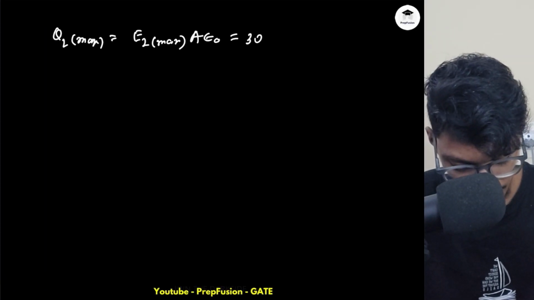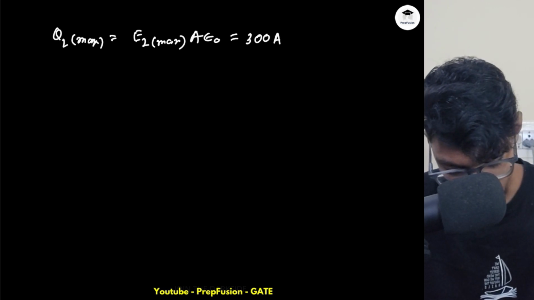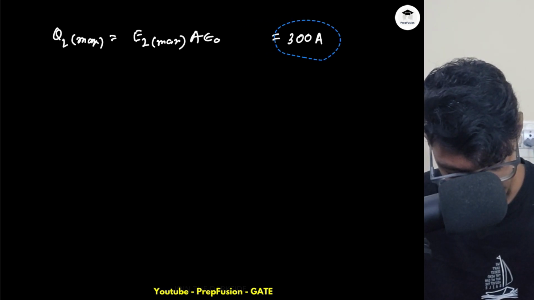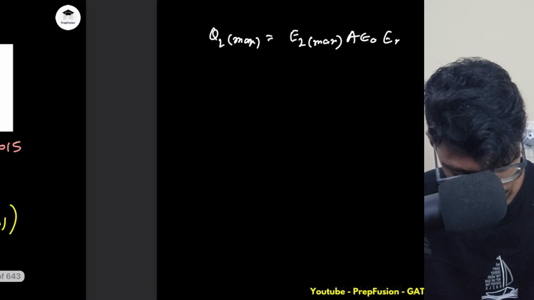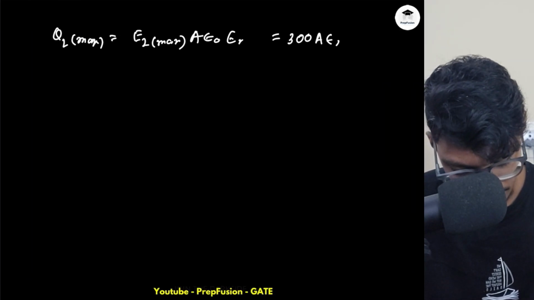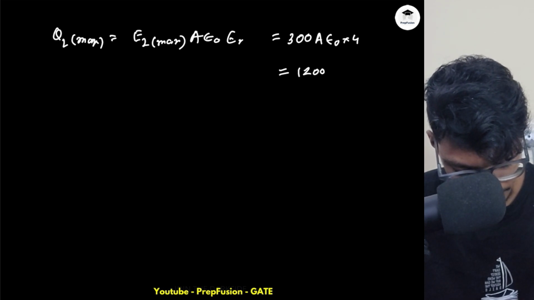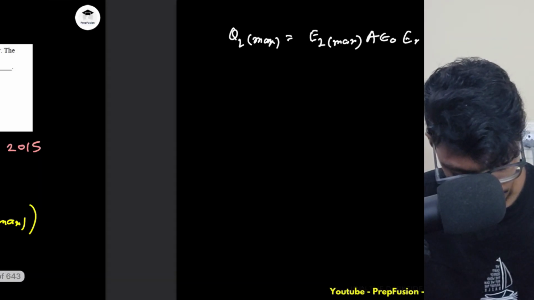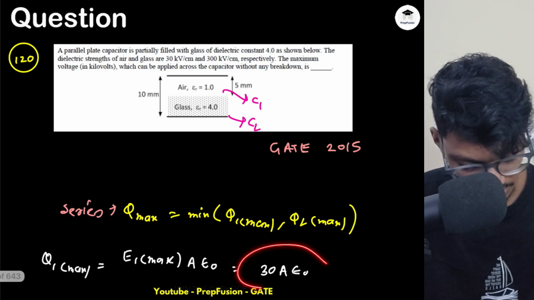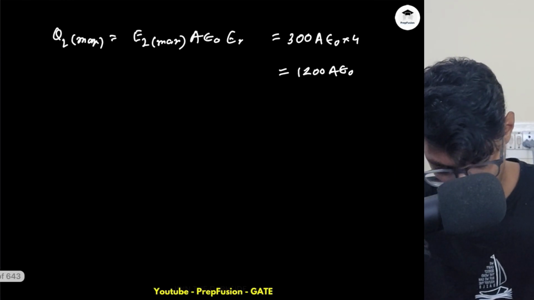So it will be 300 kilovolt into A. Now obviously, sorry, I forgot there is a dielectric here. So this will be epsilon R as well. Correct. This epsilon R is not 1 anymore. This is 4. So 300 epsilon naught into 4. So this will be 1200 A epsilon naught. Correct. So obviously this is much higher than the other, but I will choose the minimum of these two. So I will choose Q1 max.